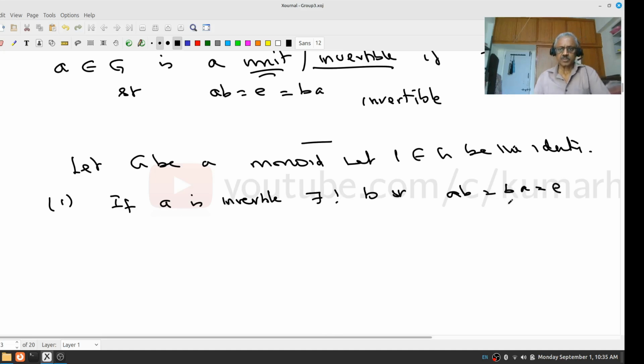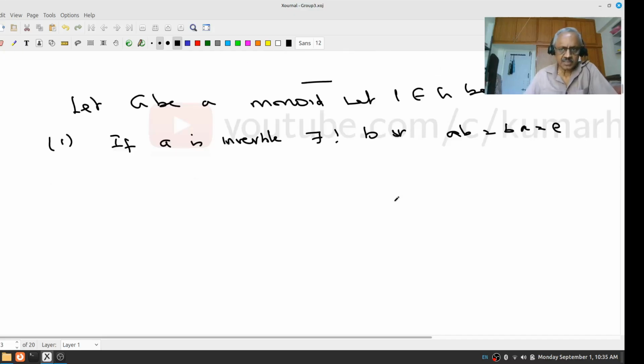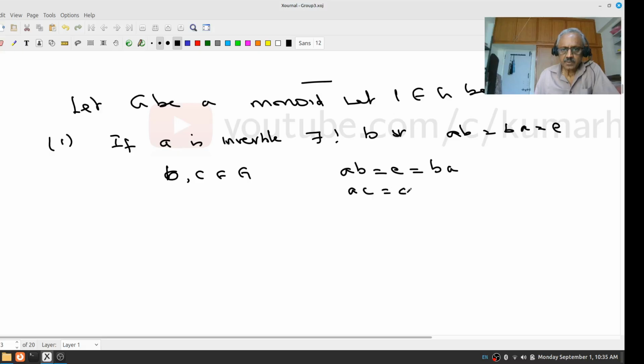That means the inverse is unique. I think I proved it in the last session, but let me again go through a proof. Suppose there are two elements B and C in G so that AB equals E equals BA, and AC equals identity equals CA.